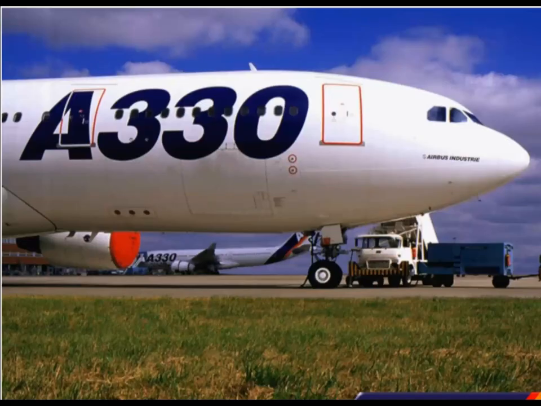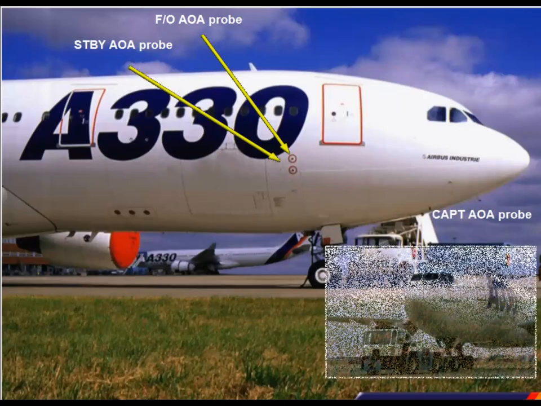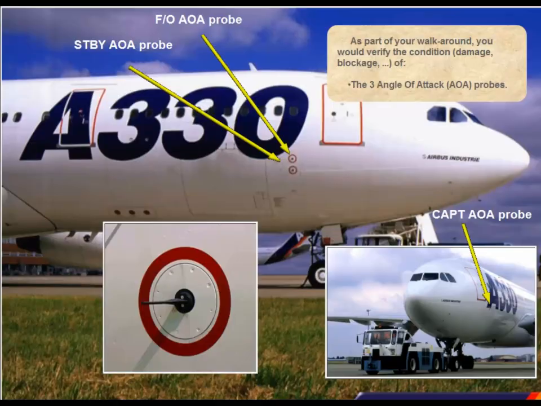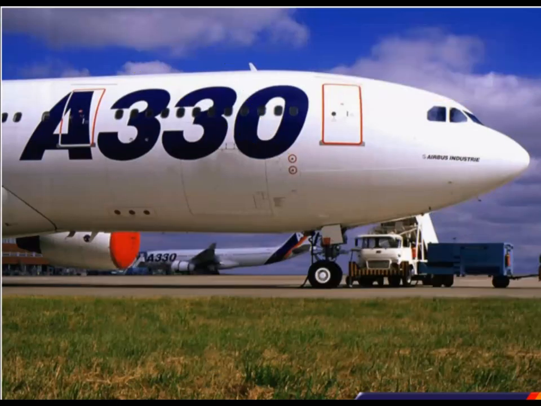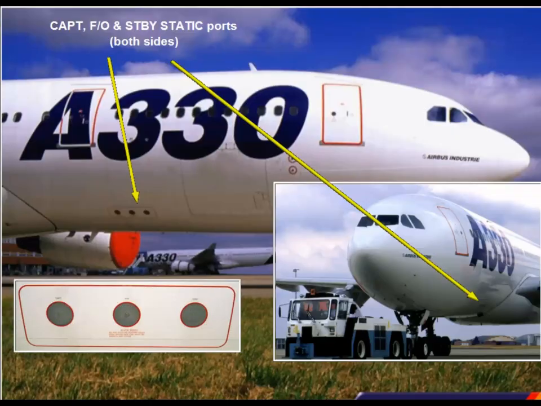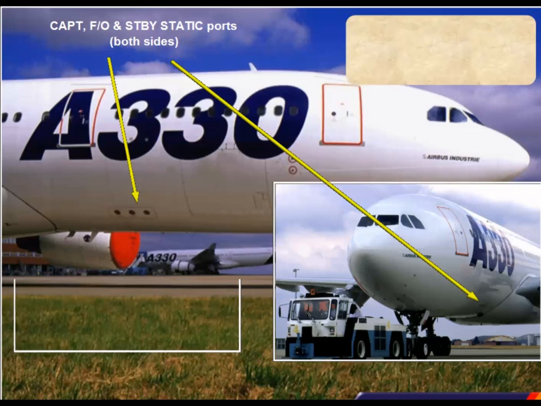As part of your walk-around, you would verify the condition, damage, and blockage of the 3 angle of attack AOA probes, the 3+3 captain, first officer and standby static ports. Check that the static ports are clear and the covers are removed.